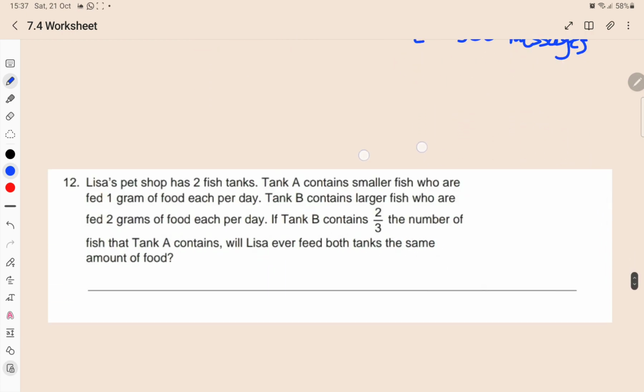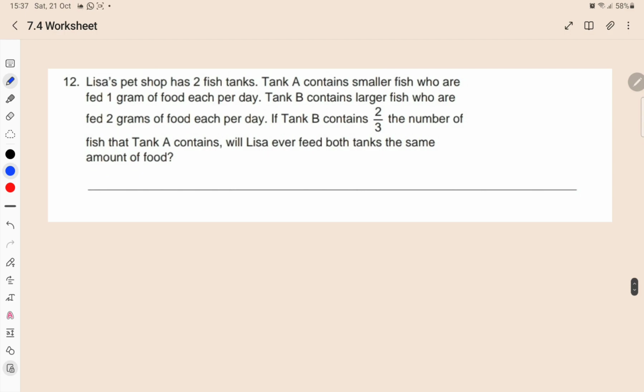Last question, 12. Here is saying Lisa's pet shop has 2 fish tanks. Tank A contains smaller fish who are fed 1 gram of food each per day. So we have tank A and we also have tank B. So let's see.